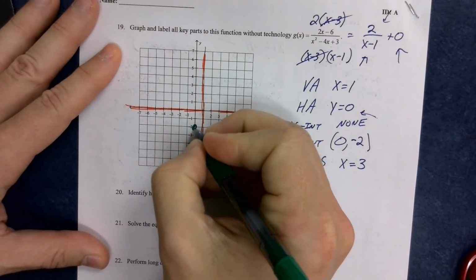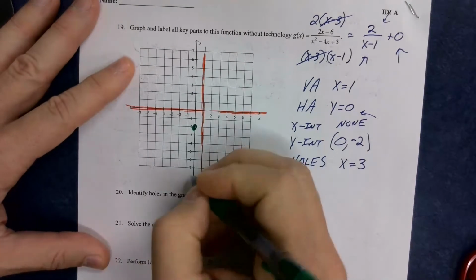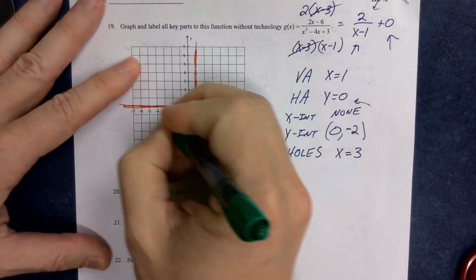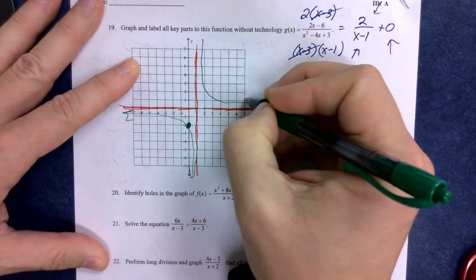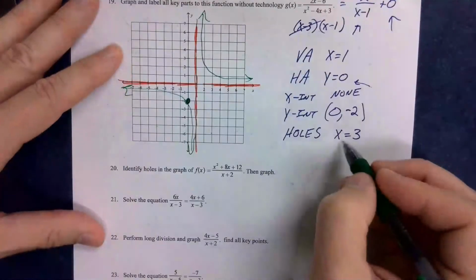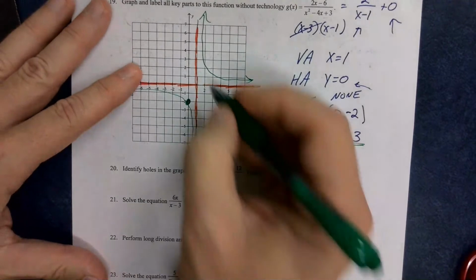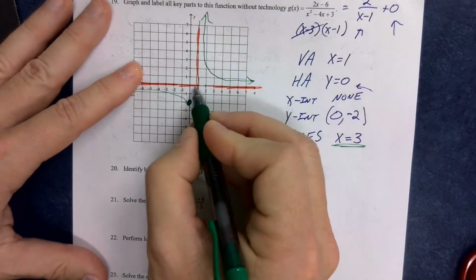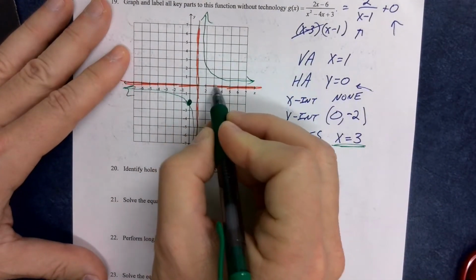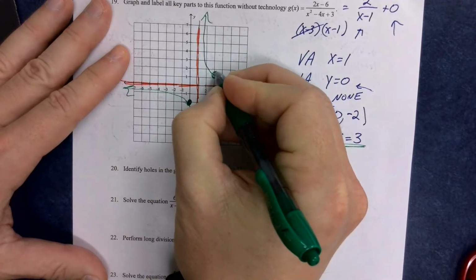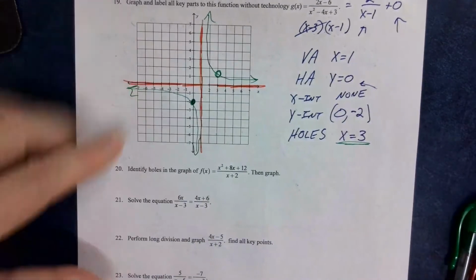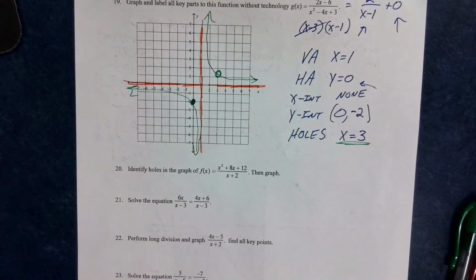And if that's my y-intercept, then my graph has to go like this, because it has to go in that section. And then this one has to mirror it. Okay? But it says there's a hole at x is equal to 3, so I go where x is 3. X is 0, 1, 2, 3. So when x is 3, right up here in the graph, there's got to be a hole in your graph. And you can check any of those ones on Desmos. They will give you the exact same stuff. Okay?